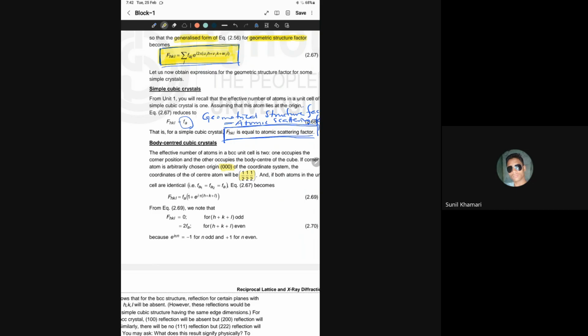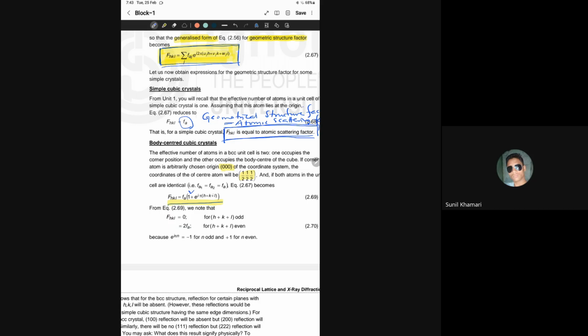If we substitute those values, F_HKL will be equal to Fa into 1 plus. First case, we substitute uj equal to 0, vj equal to 0, wj equal to 0, so e to the power 0 is 1. That's why this 1 is there. And then if we substitute half, half, half, it will be 2 pi into half, so that is pi: e to the power i pi (h plus k plus l).